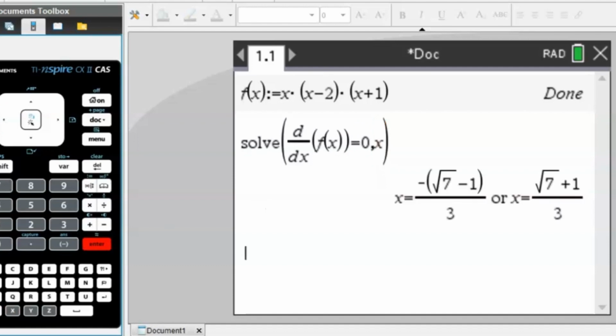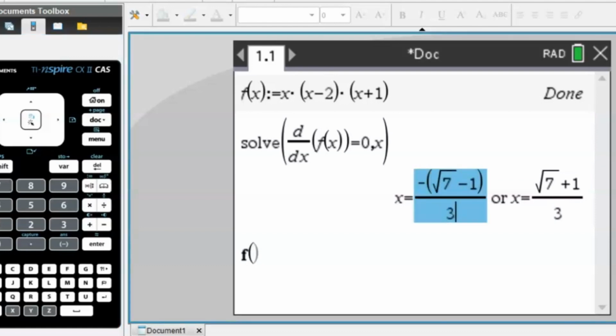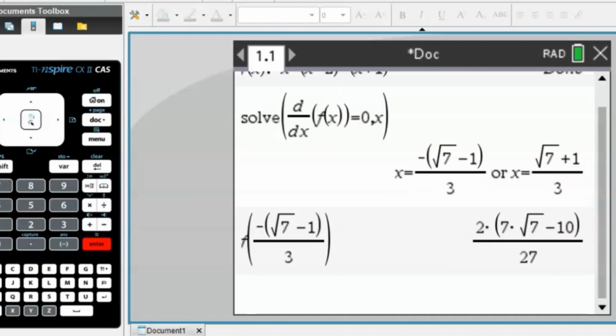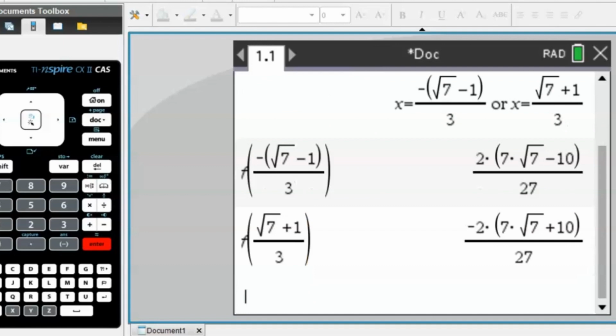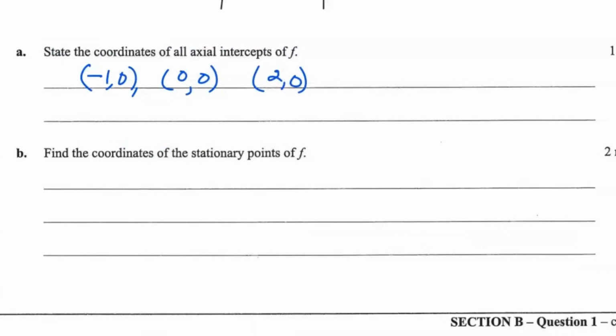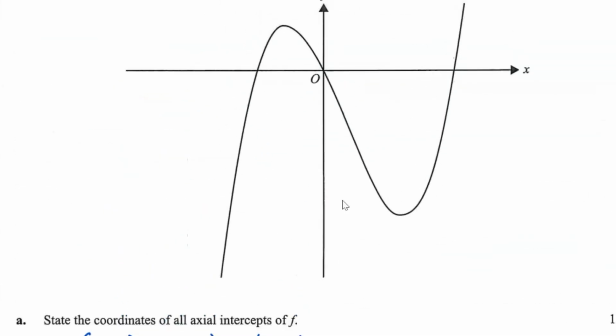Alright, now we're going to have to substitute back into our f of x, where x equals that, and f equals that. So we get this coordinate up there.